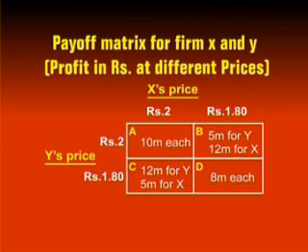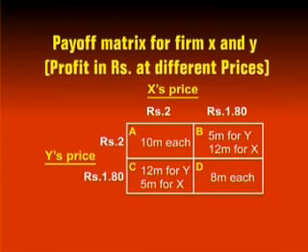If, however, X cut its price to rupees 1.8 as well, the worst outcome would again be for Y to cut its price. But this time, X's profit only falls to rupees 8 million. In this case then, if X plays cautious, it will cut its price to rupees 1.8.